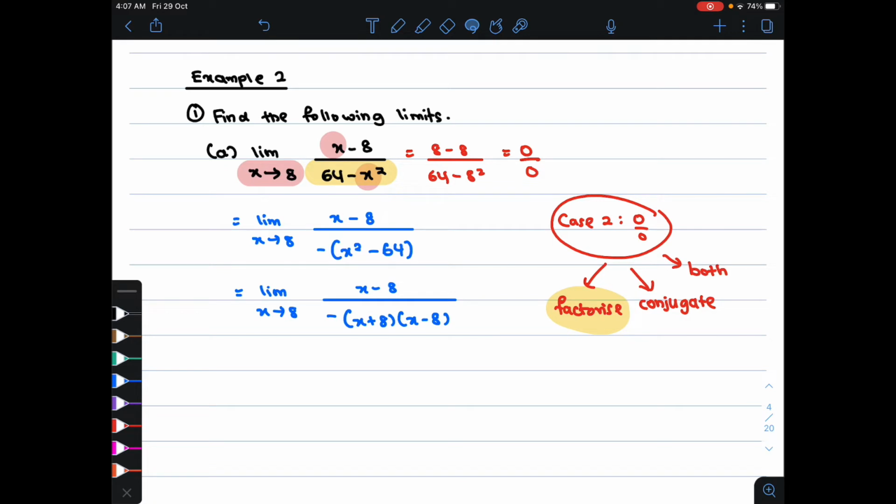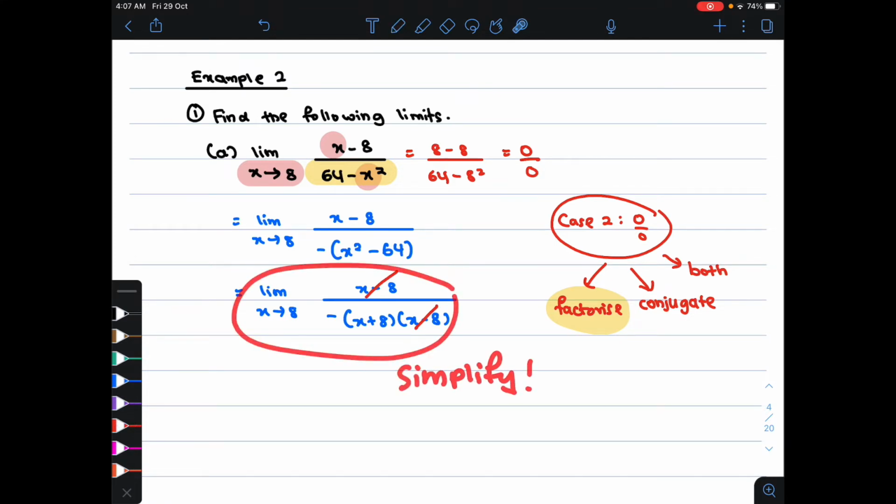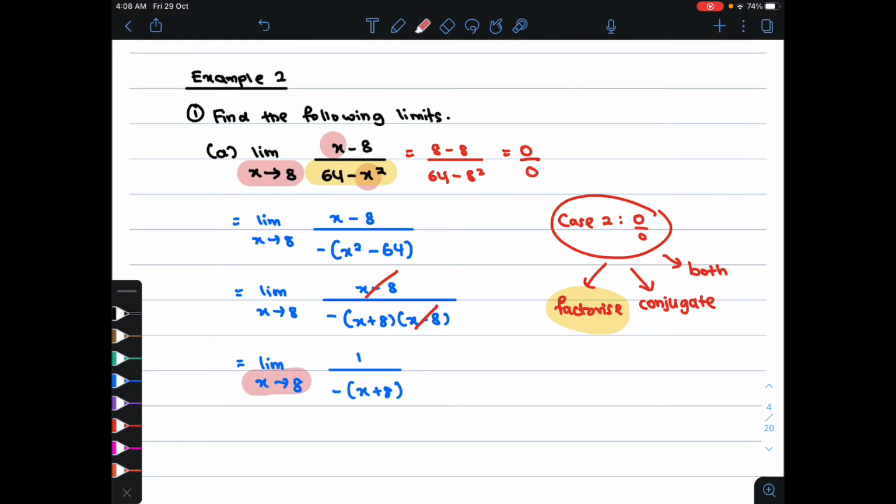Remember, for case 2, you need to cancel out the same factor from numerator and denominator. Here we have x minus 8 and x minus 8. Now you just need to simplify, and then we can substitute the value of x into f(x). The final answer is negative 1 over 16.